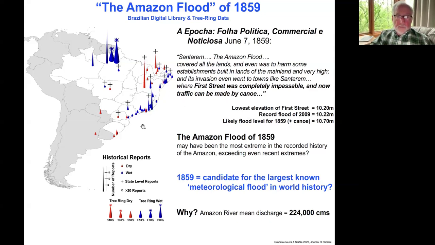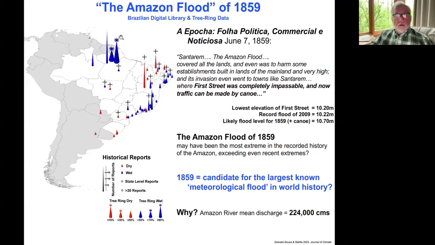So what these are, and on the previous map, they were historical reports, and it's just a count. The greater the number of reports, the taller the cone. So there were a lot of reports of drought over in this sector, but wetness along the east coast of Brazil. Here at Santarém, there's a bunch of reports of flooding, and at Manaus too.